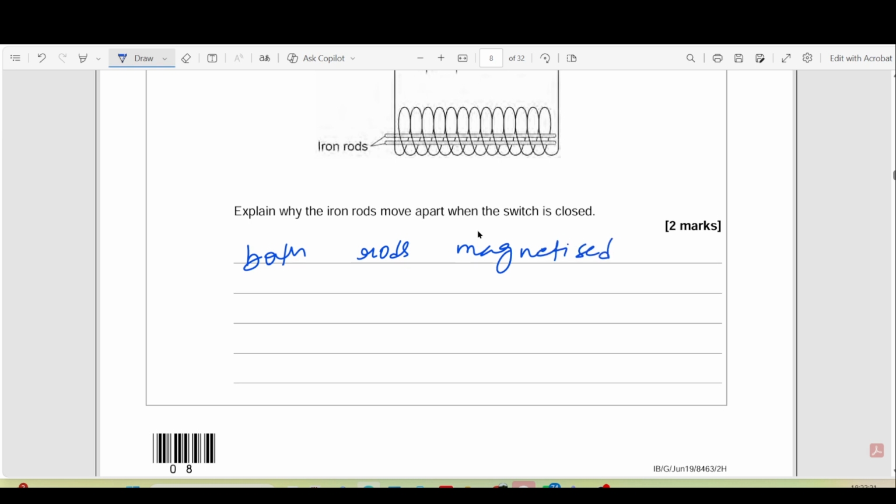Yeah, and they repel each other, to repel from each other.